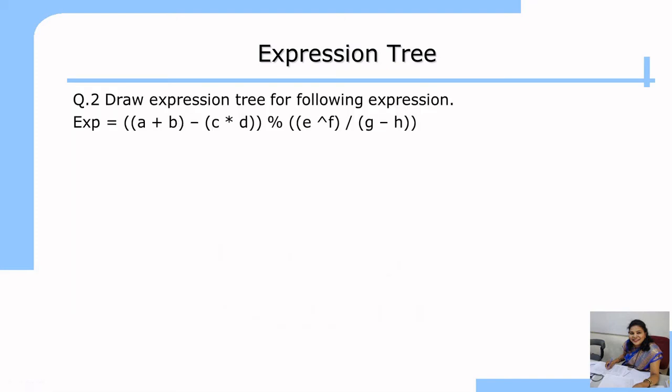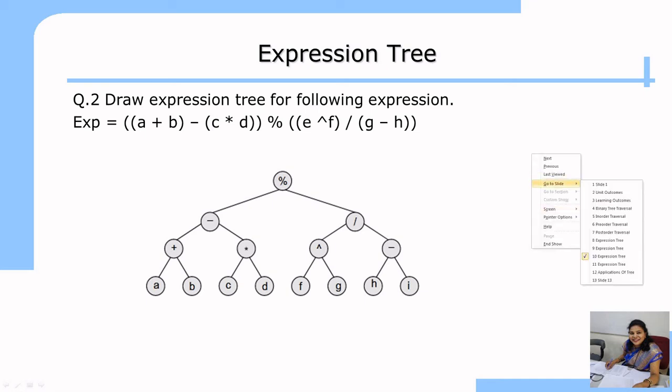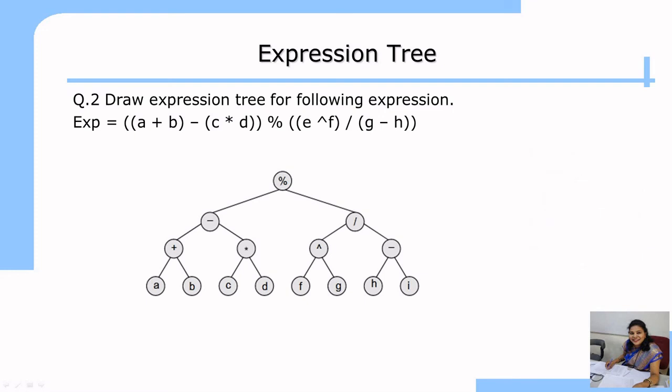Let us see another example. You can clearly see that the modulus operator, the percentage sign, is your root. Then at the left side of the modulus sign, minus will be the root parent node, and here division will be the parent. Here the division sign will be the root, and here the minus sign will be the parent.